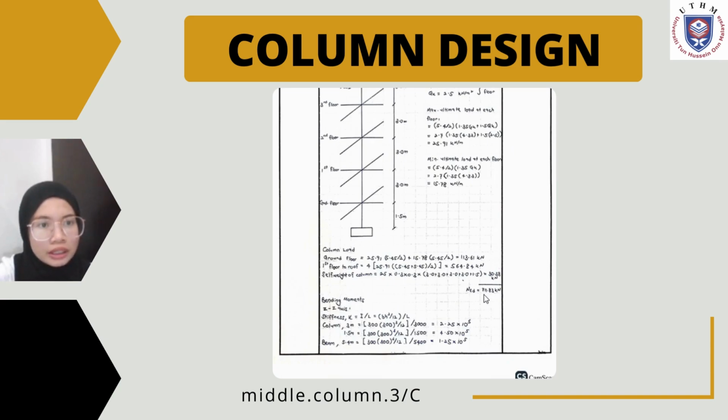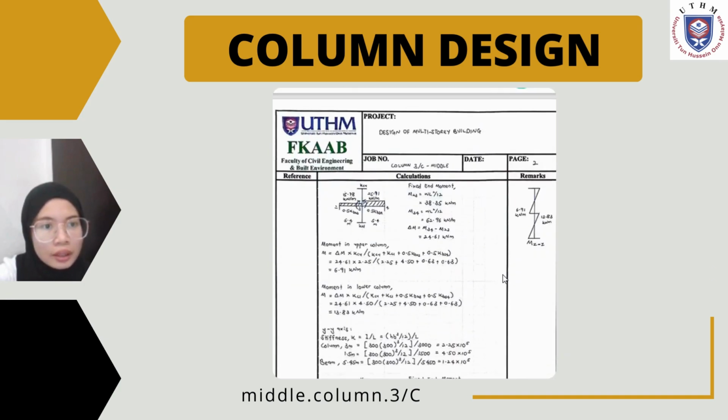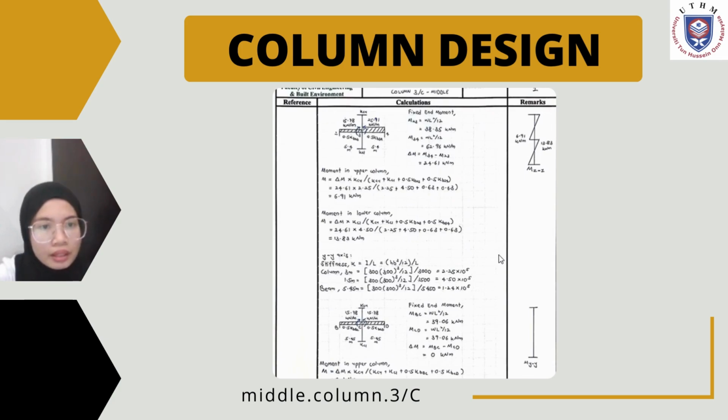This is because the length of the location is different from before, and their bending moment is separated into two parts in both axes, while for column 3A at y-axis there is only one part. Then, after calculating FEM and moment in upper and lower column, this is the body diagram with the value of moment that we got at each axis.